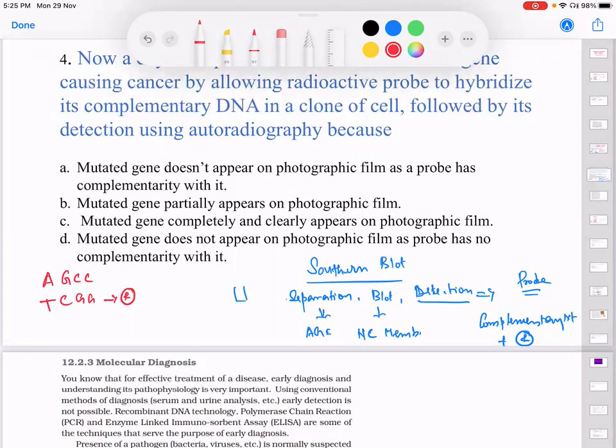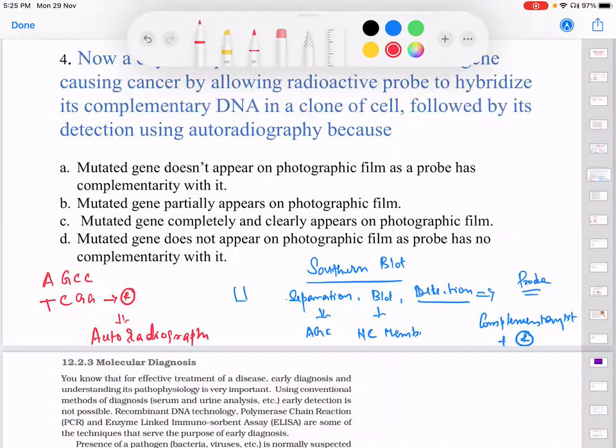Once it is bound, the radioactivity in the probe will be emitted, and I'll be able to detect the radioactivity through a technique called autoradiography. This is what is usually done in Southern blot.